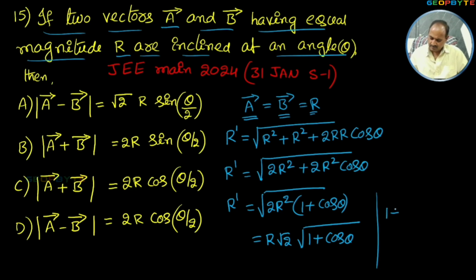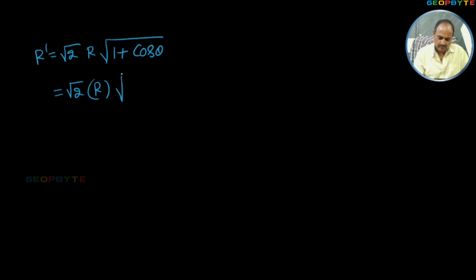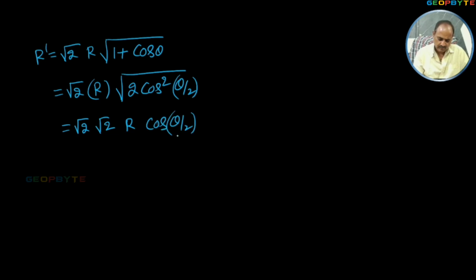Dear friends, remember 1 plus cos theta equals 2 cos square theta by 2. So R dash equals root 2 R into root of 2 cos square theta by 2, so it is root 2 into root 2 into R into cos theta by 2, equal to 2R cos theta by 2.